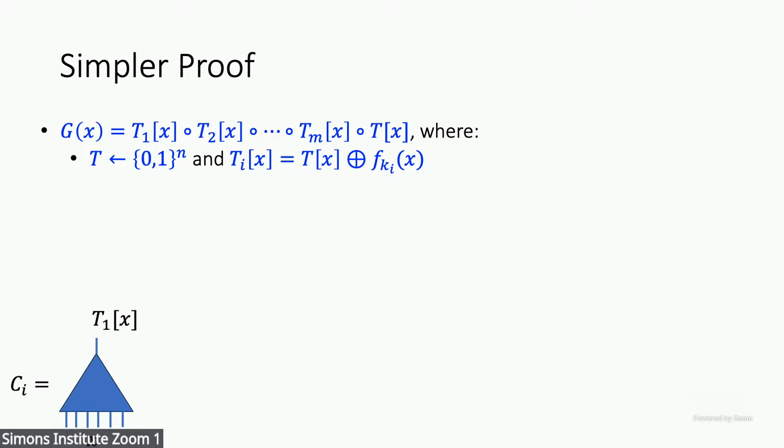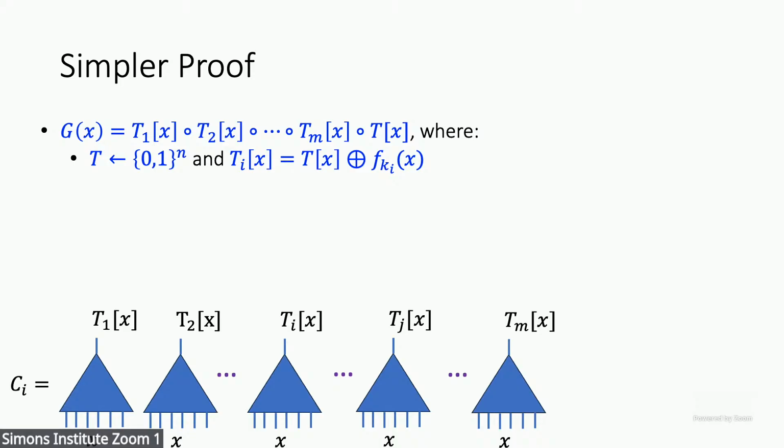I'm not doing anything smart here. I'm just constructing the trivial circuit of size n, the size of the truth table of the function.